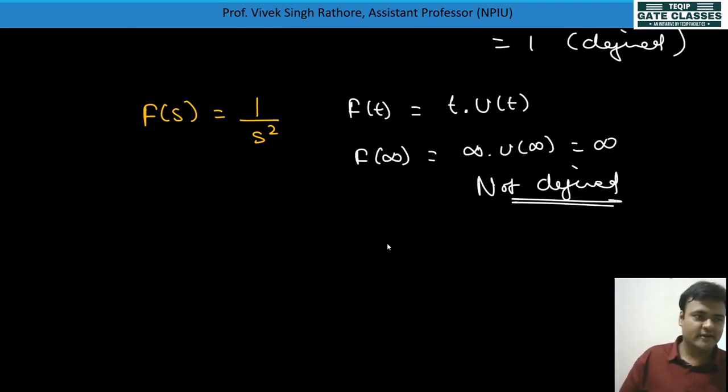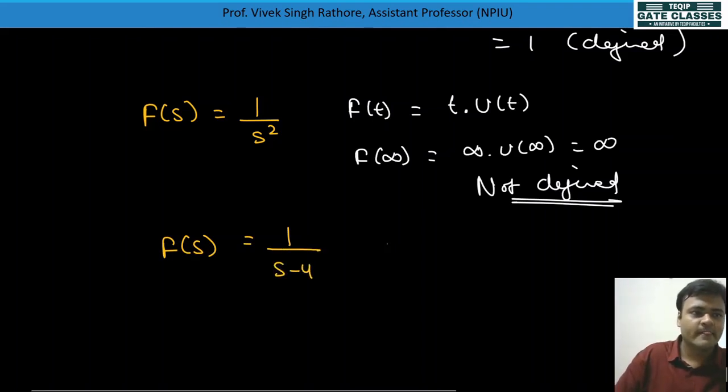Now you'll understand what I was about to say. This final value is not able to be understood. So if I tell you s minus 4 will be there, f of s is 1 by s minus 4.